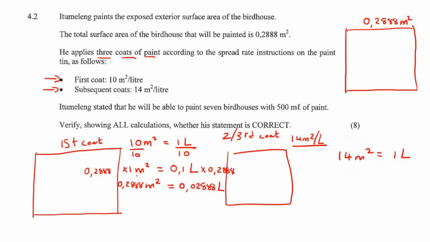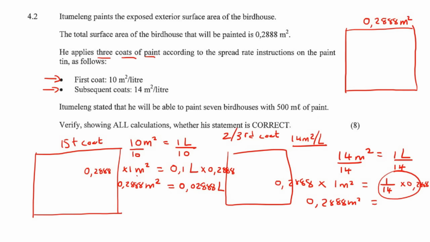We could do that by first dividing both sides by 14, because then that gives us 1 equals 1 over 14 liters. Whatever that gives you, just don't round it off, or you can just leave it as 1 over 14. Then I'm going to multiply both sides by 0.2888, and that'll give us 0.2888 meters squared over here.